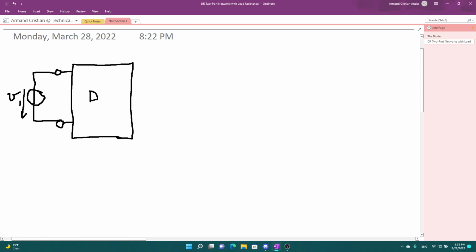And we saw a few configurations of this DR circuit, and this circuit is connected to the output where we measure the output voltage. And today we discuss the behavior of the DR two-port network when there's a third resistance involved, known as the load resistor.